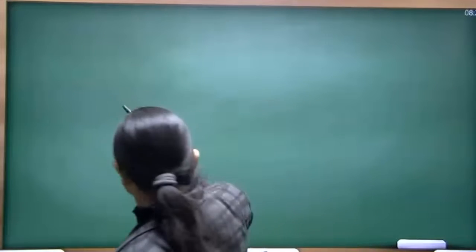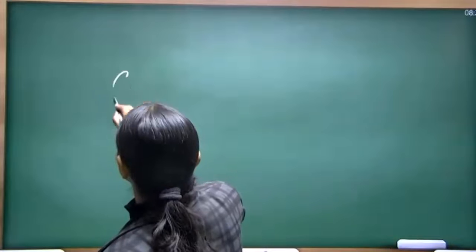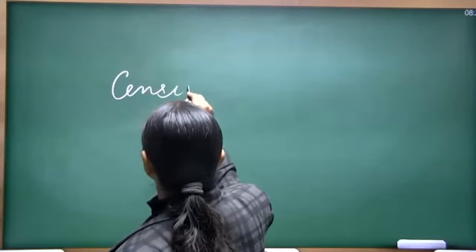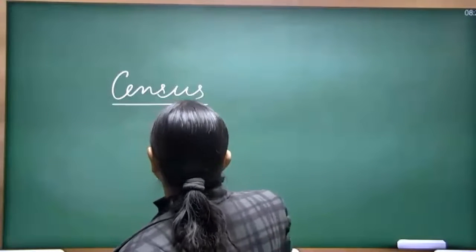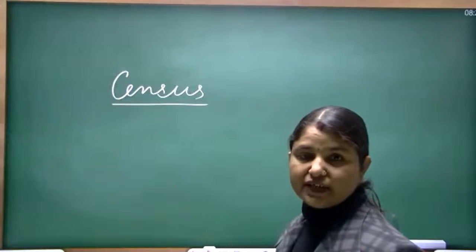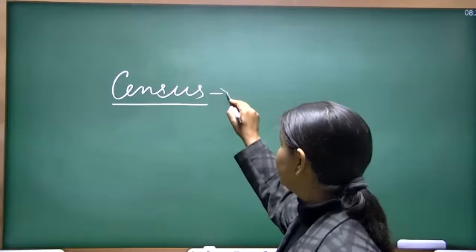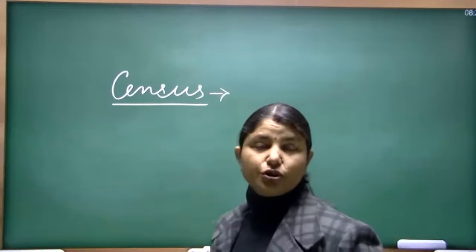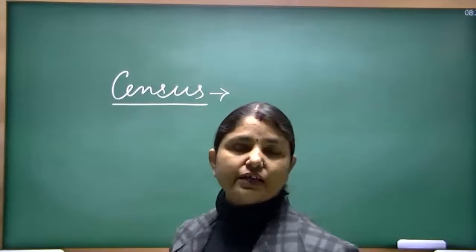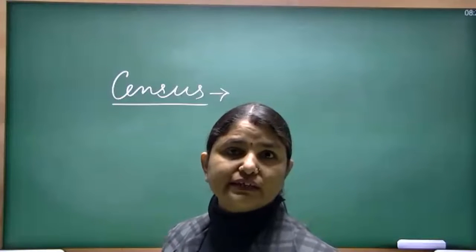Look at here. Yesterday, the last topic which I explained in the class was census. If anyone asks you what is census, you can say, ma'am, census means the calculation of total population in the country.